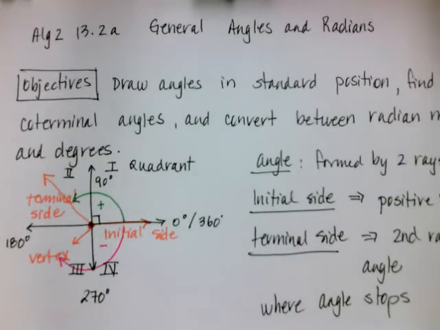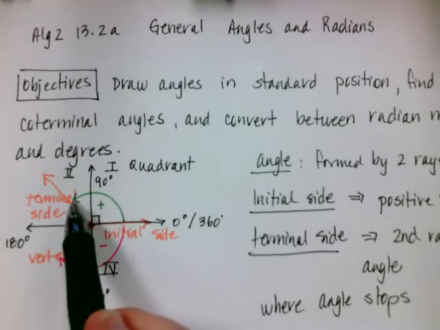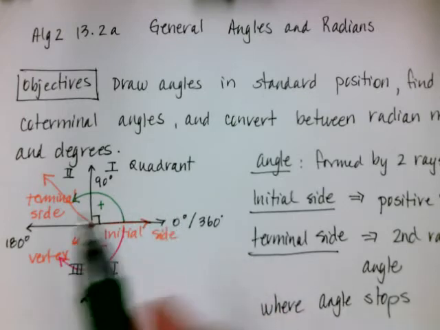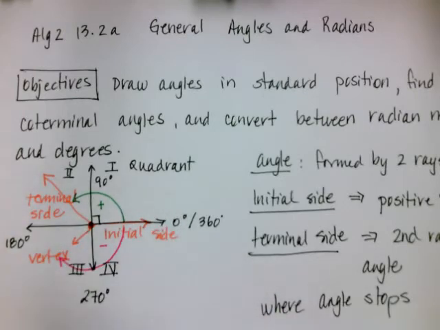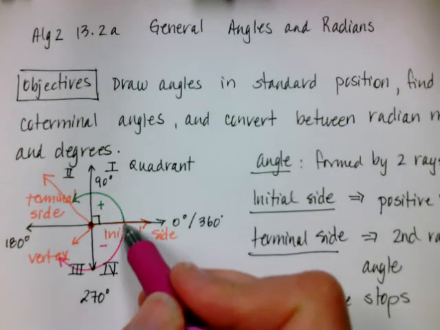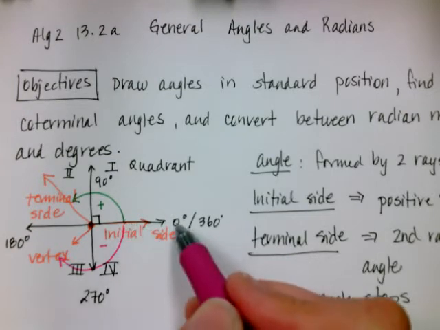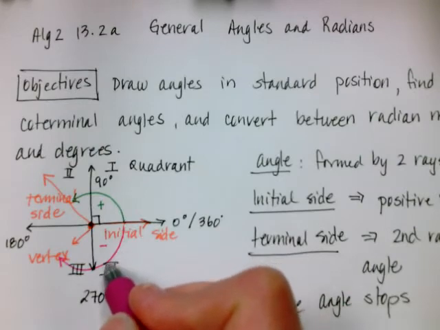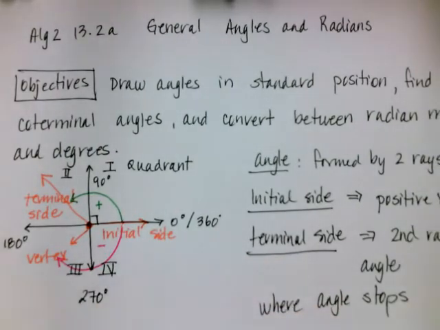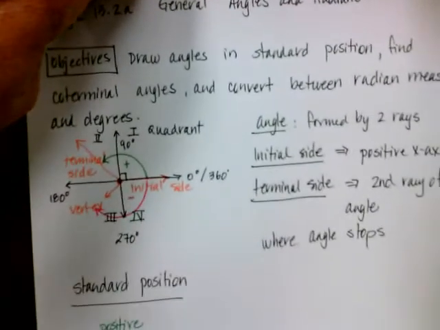So I'm going to say a positive, oops, you can't see it if I'm writing. I'll scoot it back up in just a sec. The positive rotation is going to go across the top, and it's going to rotate in the counterclockwise direction. The negative rotation, starting at the x-axis, the initial side, we always start here at x is equal to 0, is going to rotate across the bottom, and that's going to be a negative rotation.